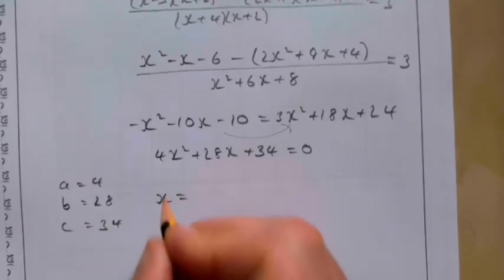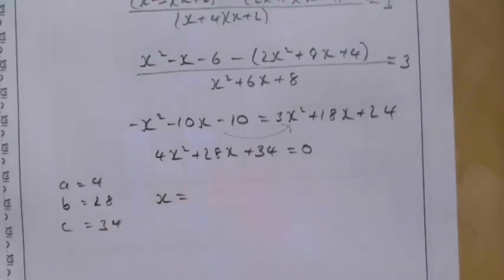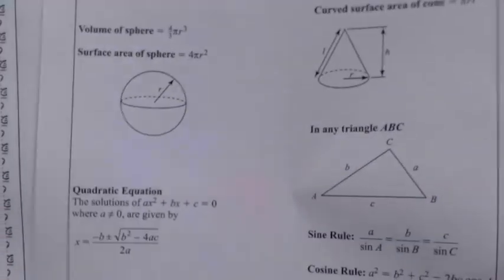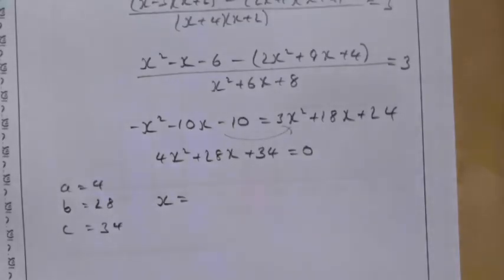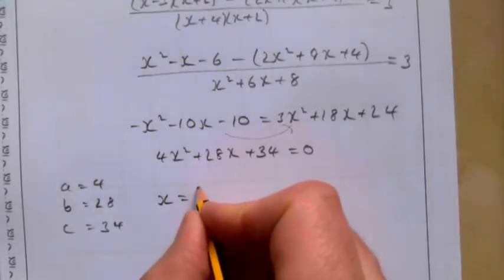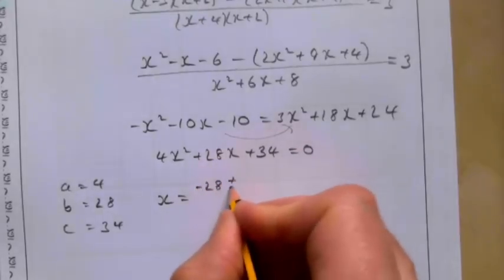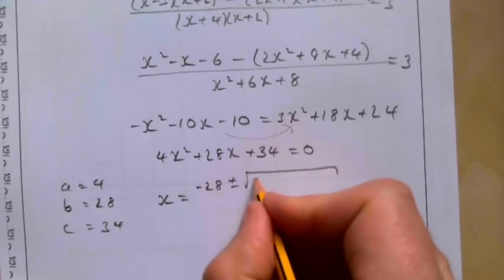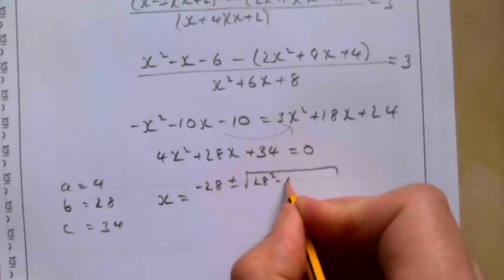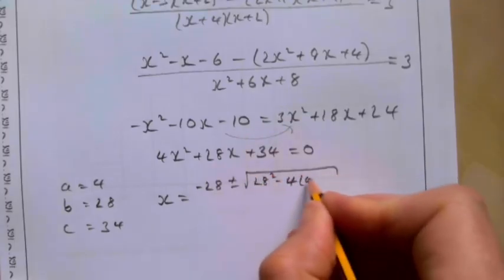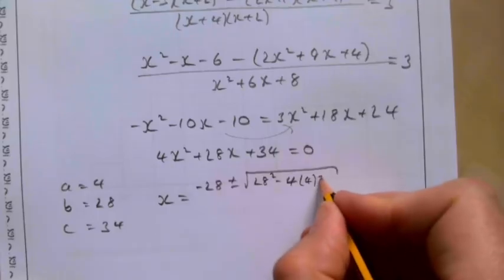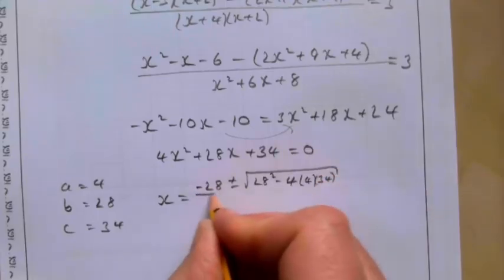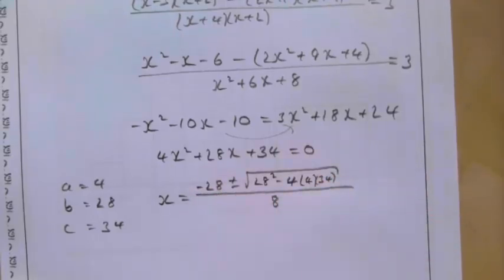So again, the quadratic formula is on the sheet if you need it. I'll show you here. So x equals minus b, so it's minus 28 plus or minus the square root of 28 squared, take away 4 times 4, which is the a, times 34, which is the c, and then that's all over 8.